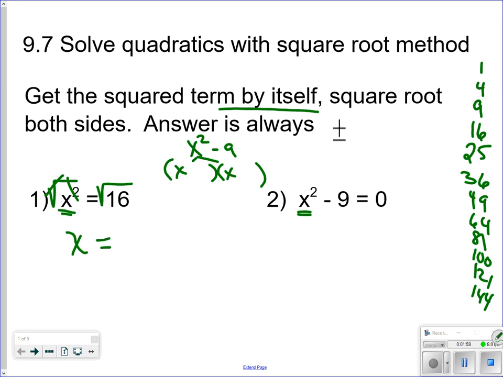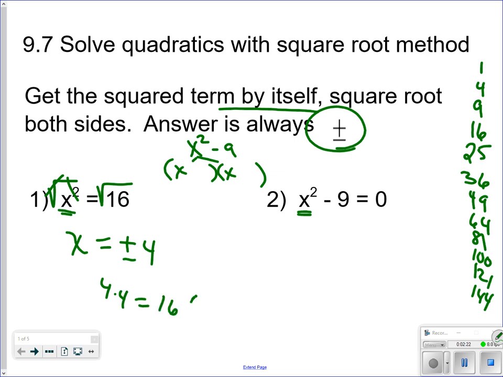Now 16 is on your list. 16 comes from 4. But here's the part that you want to remember. You always have to have two answers with your solution, both the positive and the negative. So your answer is going to be plus and minus 4. Now you might say, how come? Well, if you take 4 times 4, doesn't that give you 16?